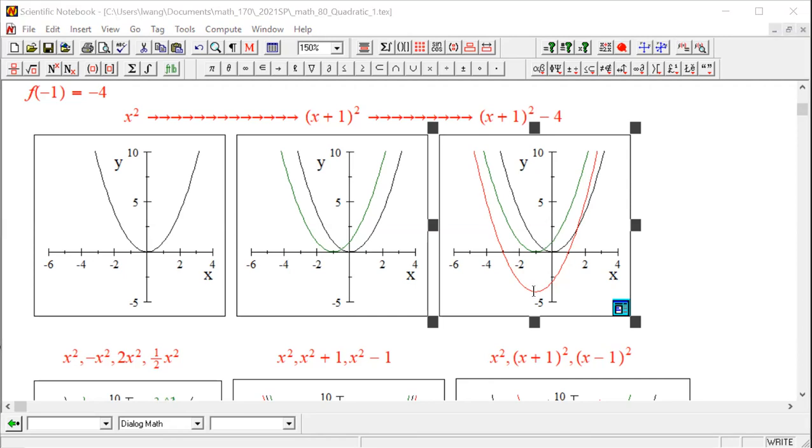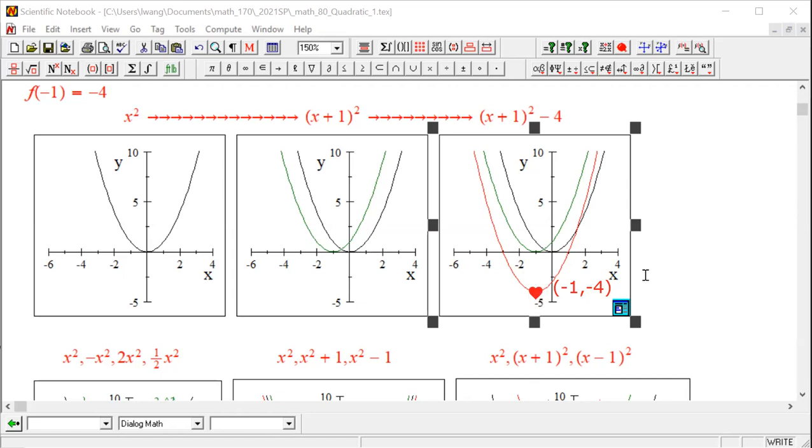So this final point here is (-1, -4). If we notice the form that we just found, f(-1) equals -4. When we plug in -1, which is the number of units shifted horizontally in the function, we get the lowest point.